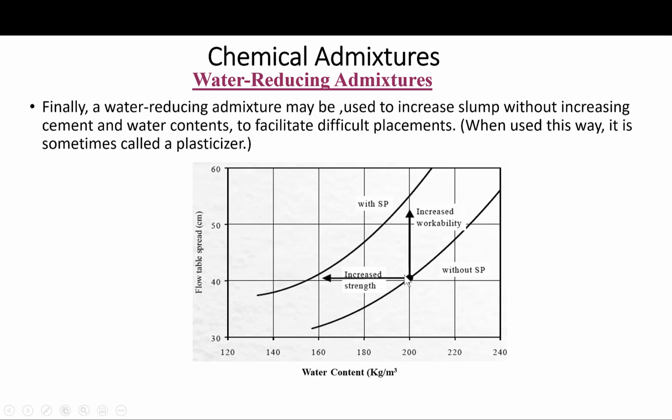So what we can do at fixed water content, without changing the water content, we can increase workability, the slump, basically by adding superplasticizer. Or what we can do, reduce the water content, and just maintain basically the same slump. The same slump we get with less water content. In this case, we get the benefit of additional strength and better durability.